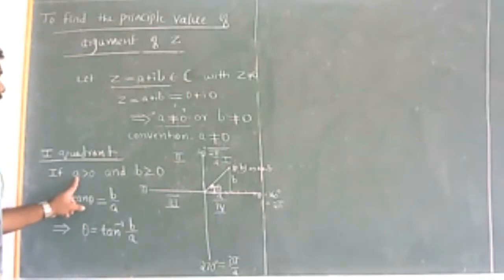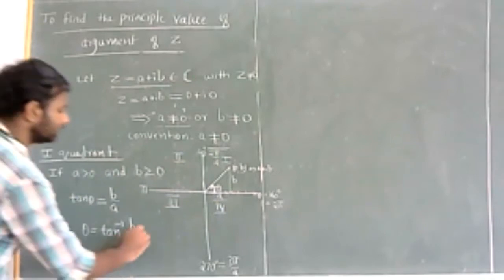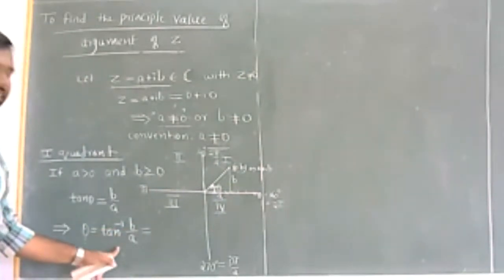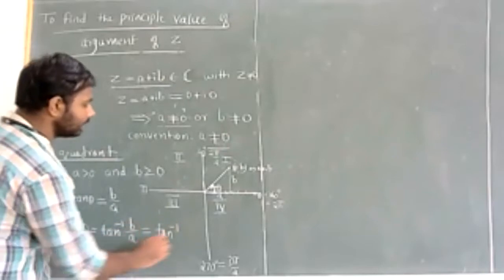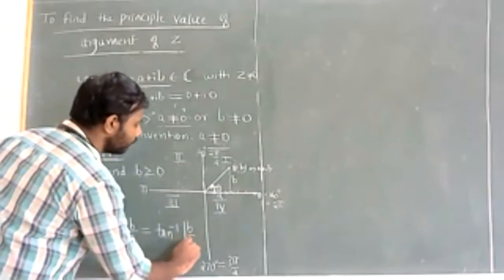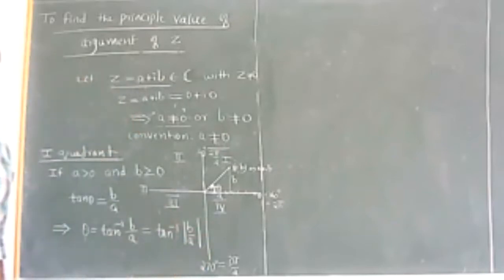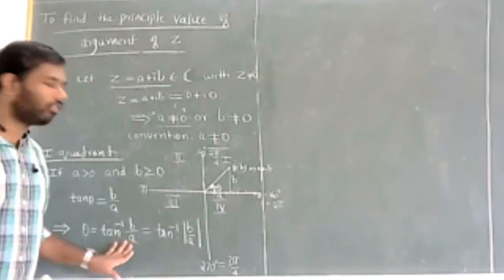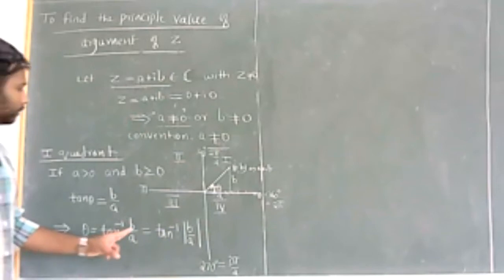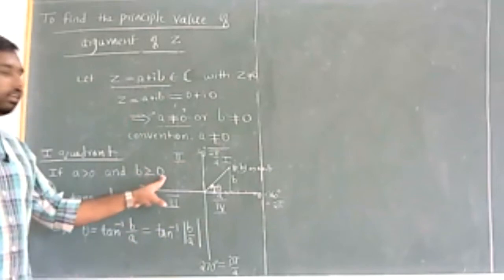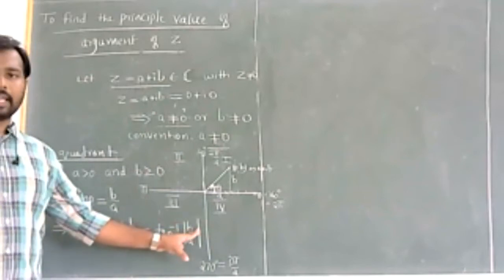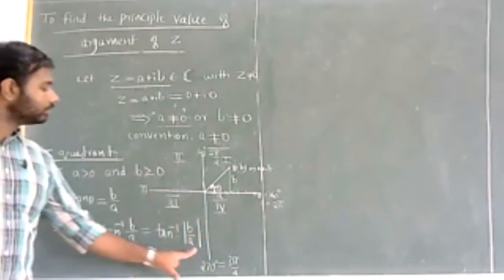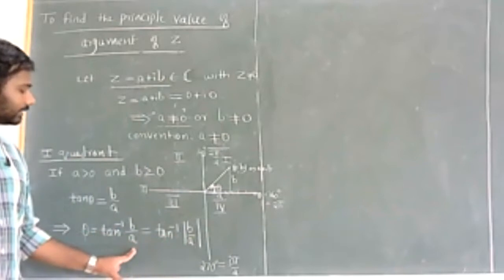And here a is positive. So just for a representation, I will write tan inverse of modulus of b by a, just to avoid negative values. Here b is non-negative, so b will be modulus of b as it is, and a is positive, so modulus of a is itself.